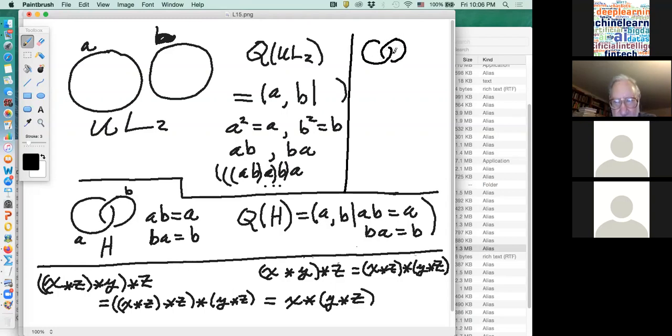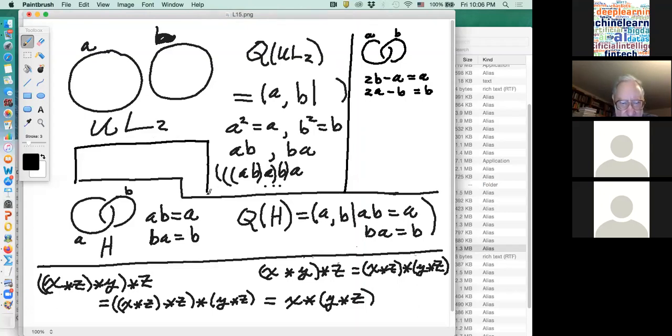Then you might try A and B again, the same letters, but now you have that 2B minus A is equal to A, and 2A minus B is equal to B. What I'm using is the Fox coloring method, which we talked about before, which does give us a quandle where we have A, B, and C like this, and C is equal to twice B minus A. This could be over the integers or over the integers mod n for some n. This is Fox coloring, as we called it.